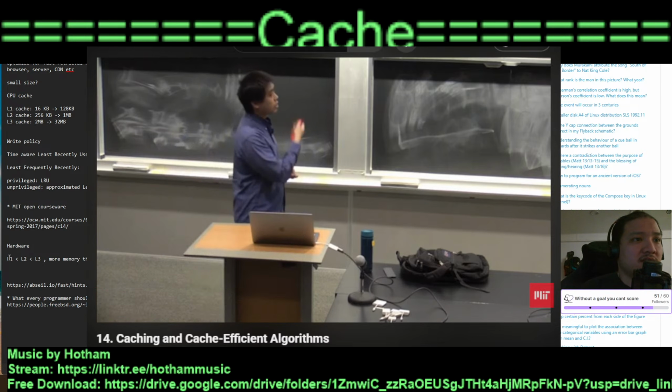So basically, the CPU can access L1, L2, L3, and DRAM, then secondary storage.